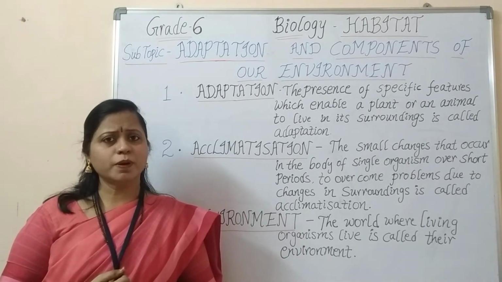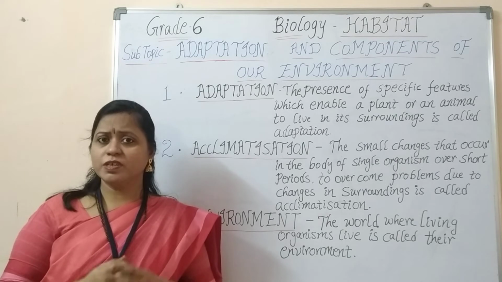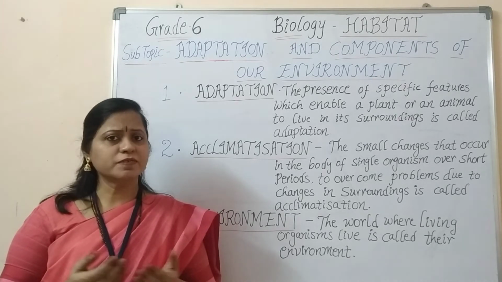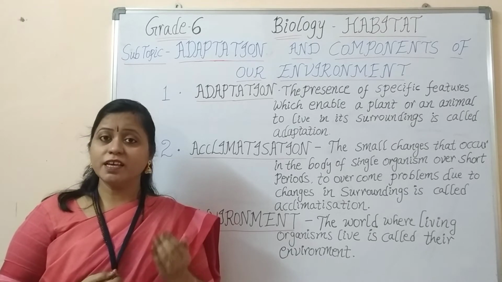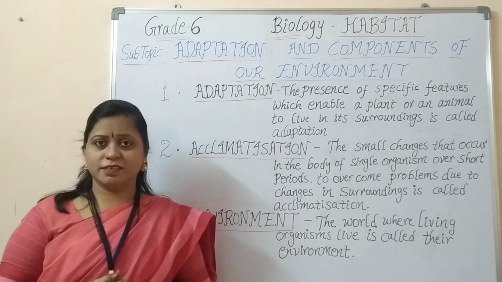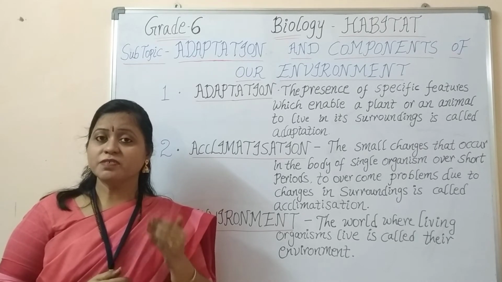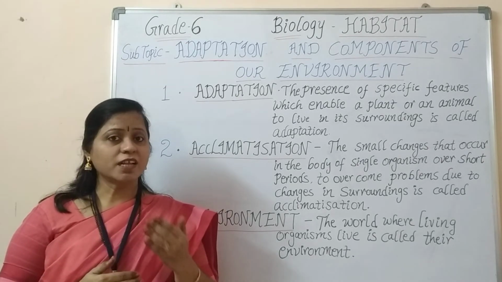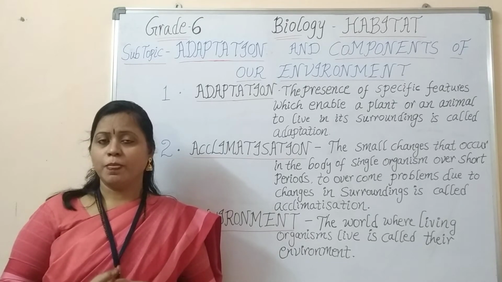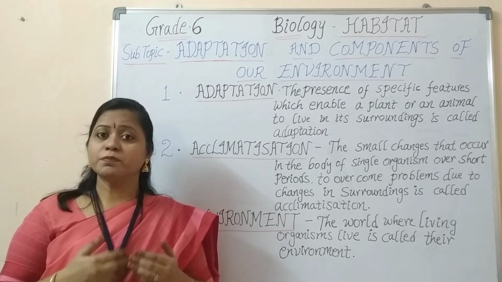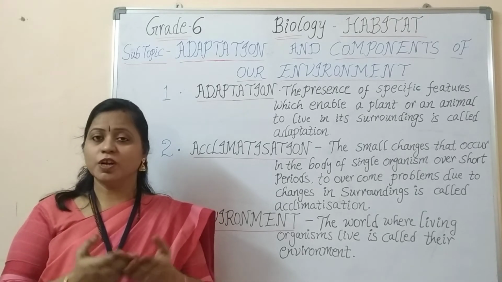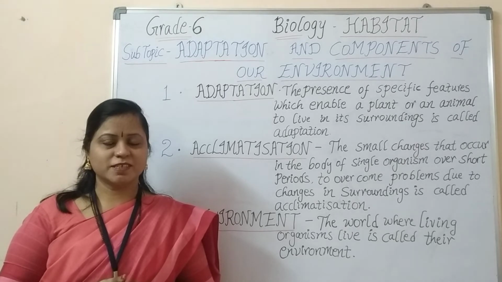Variations are changes which occur in a small group of organisms of the same kind, and these useful variations gradually get inherited. That means these variations are transferred from one generation to another generation and help in the adaptation of the organism and allow them to live in their habitats.